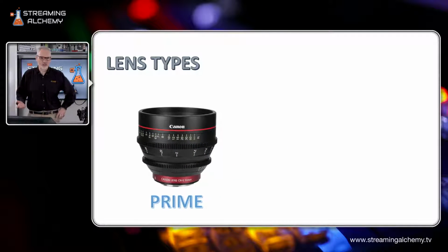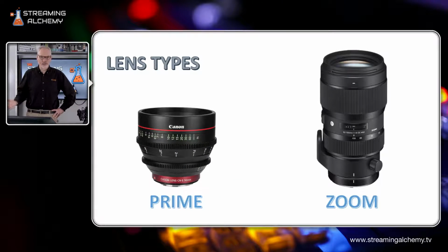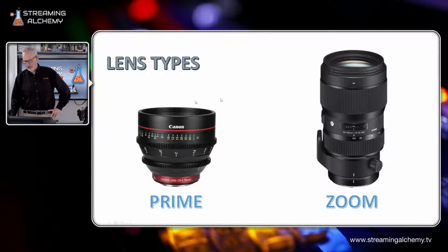The other, of course, is the one that people are very familiar with called a zoom lens or a telephoto lens. And this allows you to run through a range of focal lengths. So in this case, this lens is a 50 to 100 millimeter zoom lens. What makes this interesting is that when you have a prime lens, the mechanisms inside the lens are actually much simpler.